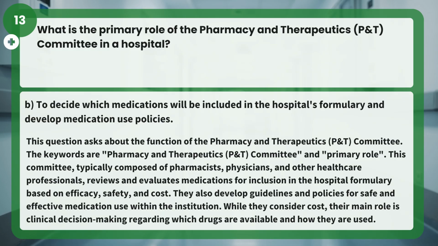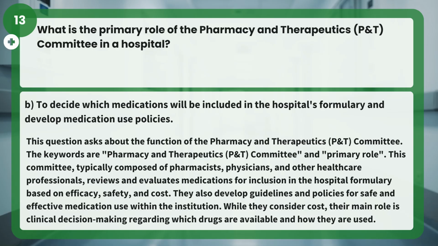Answer B. To decide which medications will be included in the hospital's formulary and develop medication use policies. This question asks about the function of the Pharmacy and Therapeutics (P&T) Committee. The keywords are Pharmacy and Therapeutics, P&T, Committee, and Primary Role.